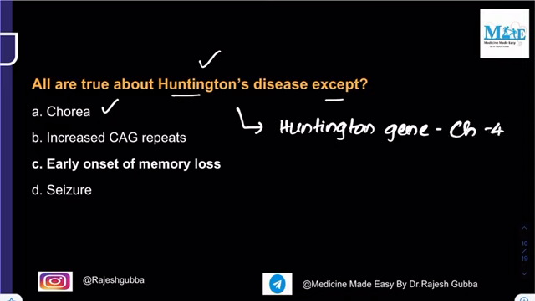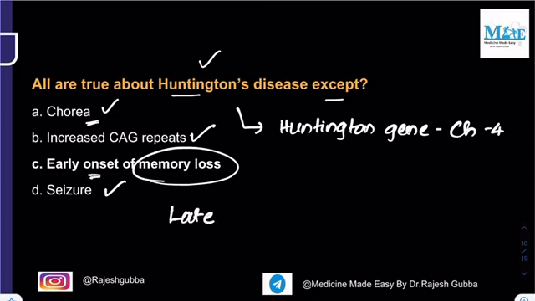The problem within the gene is an increase in the CAG repeat. Along with the abnormal movement chorea, there will also be seizures. Memory loss will also be there in Huntington's disease, but it is not early onset; the memory loss will be in the late stages. That's a very important point related to Huntington's chorea.